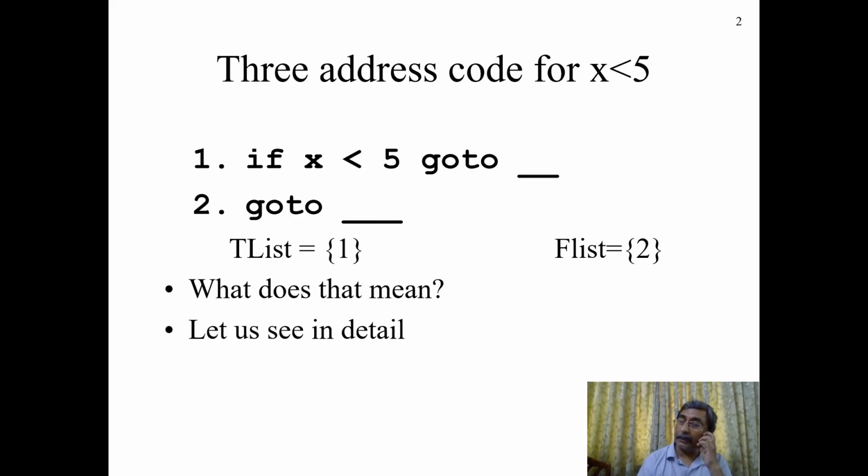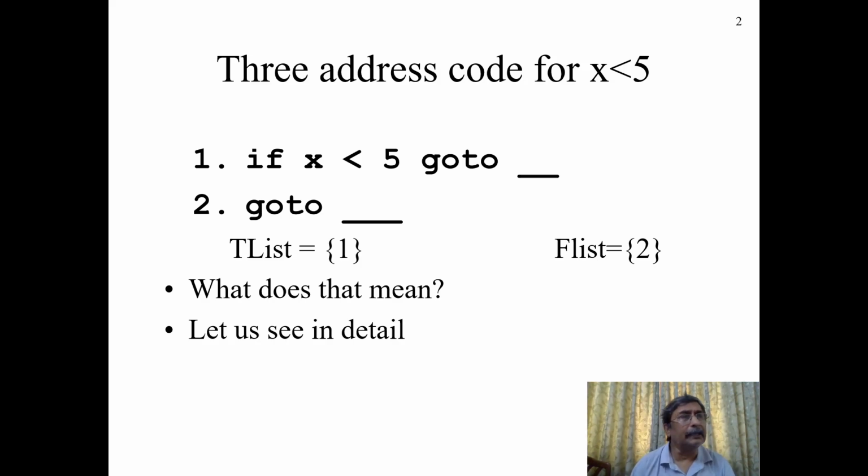Once the target of the go to of this line number 1 is known, we have to fill up that particular statement. Similarly, in case x less than 5 is not true, then you will come to line number 2, statement number 2, quadruple number 2, and that particular start line number of the part of the code has to be written down as the target of this go to.